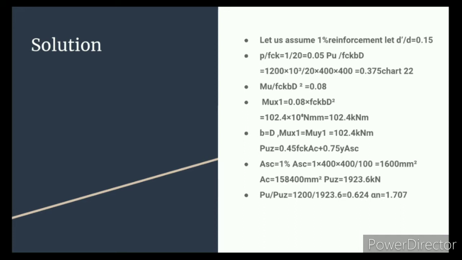For 0.375 and 0.05 in the chart 0.15 is used. Mu by fck BD square is found as 0.08.